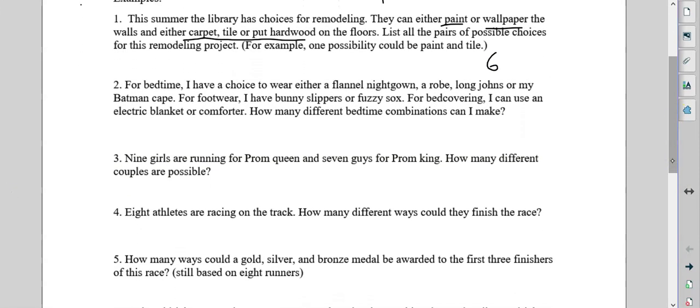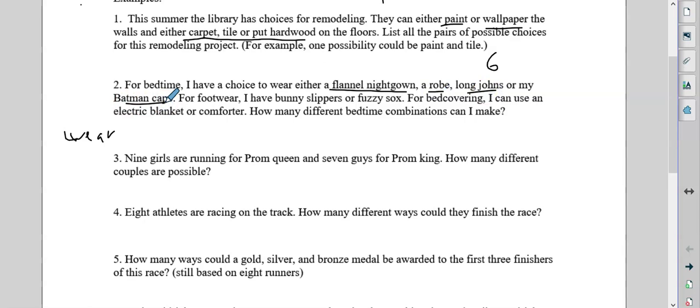All right. For bedtime, I have a choice of what to wear. I'll do it a different way this time. What am I wearing? I could wear either a flannel nightgown, a robe, long johns, or my Batman cape.